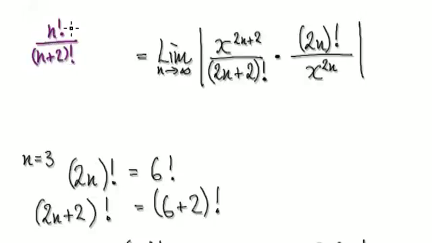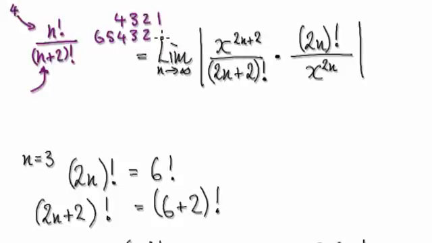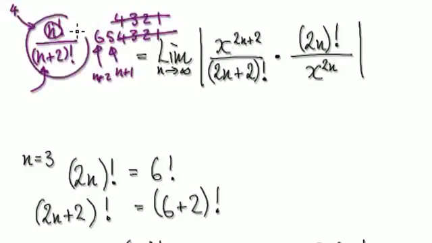This is easy to understand: if you put, let's say, the number 4, then 4! means 4 times 3 times 2 times 1, and (4+2)! would be 6 times 5 times 4 times 3 times 2 times 1. These cancel out, leaving you with n+1 and then n+2. In the case of n! over (n+2)!, that's easy to understand.